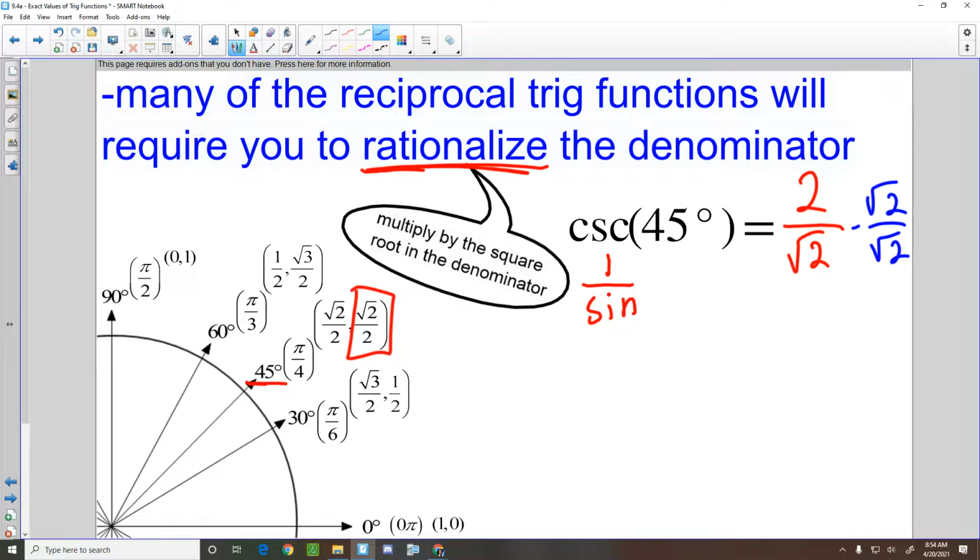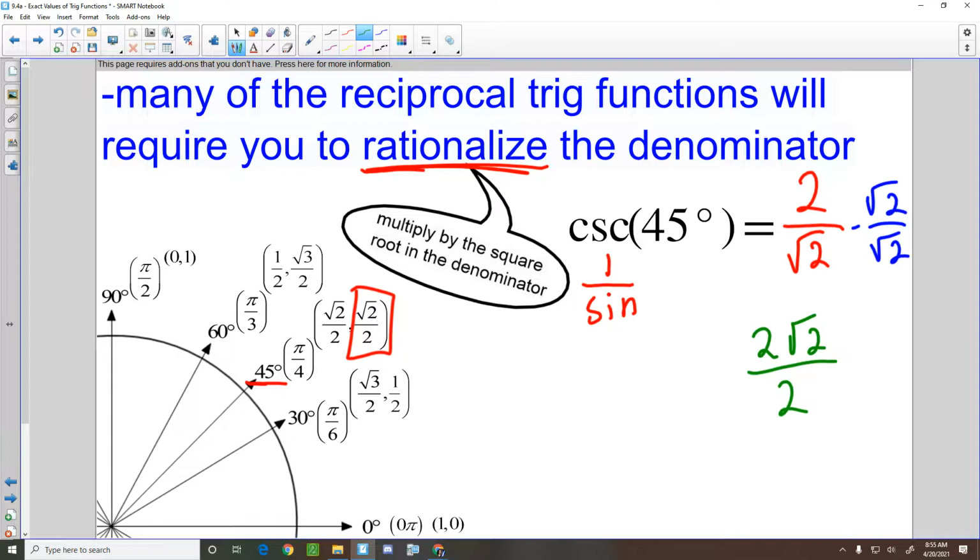So now in our numerator, we've got 2 root 2, right? 2 times the square root of 2 is 2 root 2. There's not even a calculation necessary. In the denominator, root 2 times root 2 is just a 2. The radicals cancel out, and they leave you with just that radicand, whatever was underneath the root symbol.